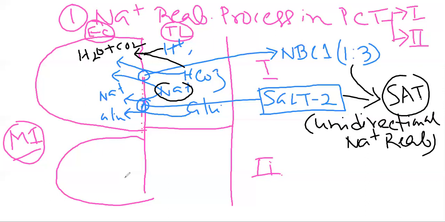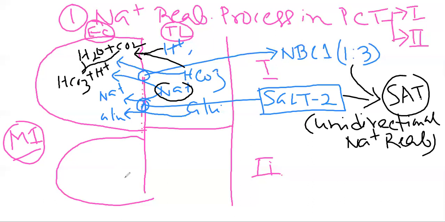And also by the metabolic process within the cell, water and carbon dioxide will be produced, and they will react with each other by the cytosolic carbonic anhydrase, and again it will produce what? Bicarbonate ion as well as hydrogen ion.